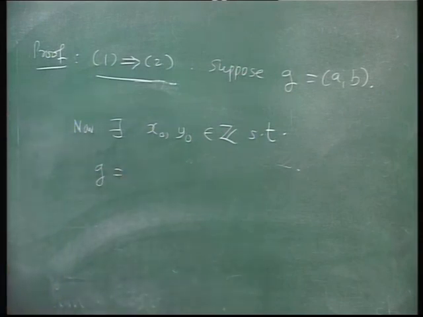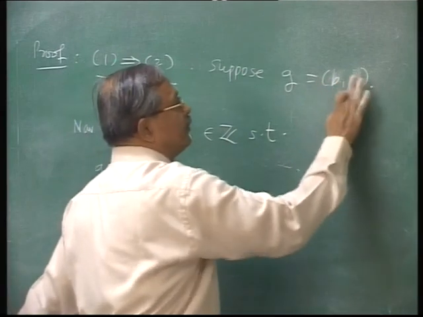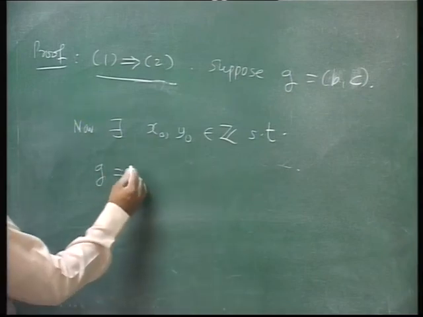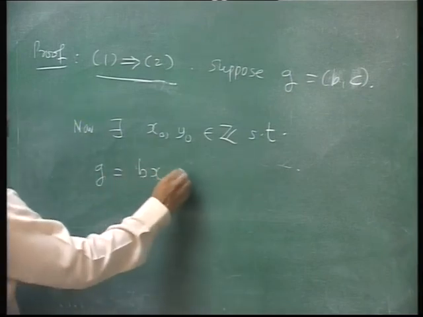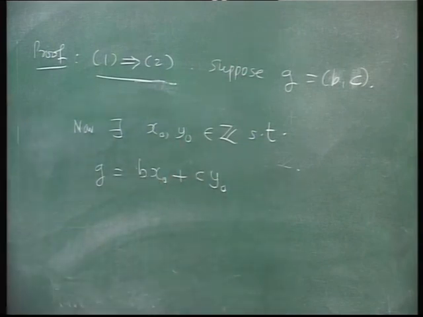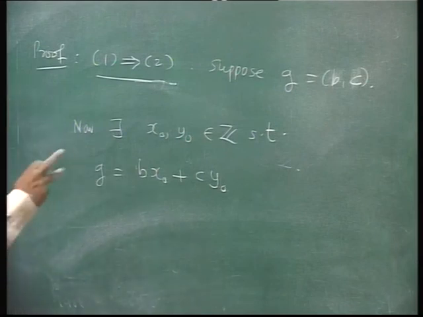so I'm sorry, again I have written A and B. So B and C, the numbers are B and C. Suppose G is the GCD of B and C. So G is B x naught plus C y naught. There exists x naught, y naught in Z such that G is a combination.